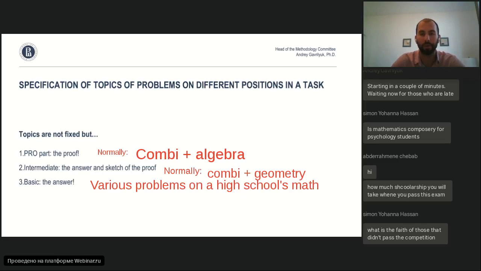We will also have two special webinars where we will consider the solutions of demonstration tasks, and also a cycle of lectures for basic part preparations, and several webinars and lectures on Olympiad preparations.